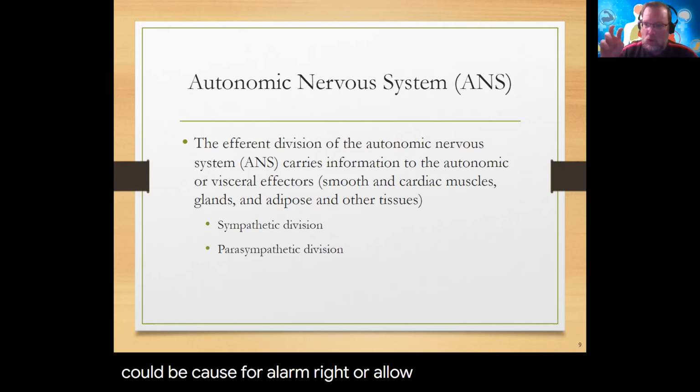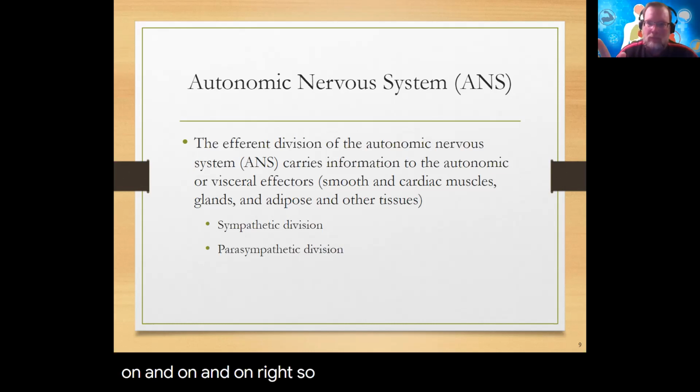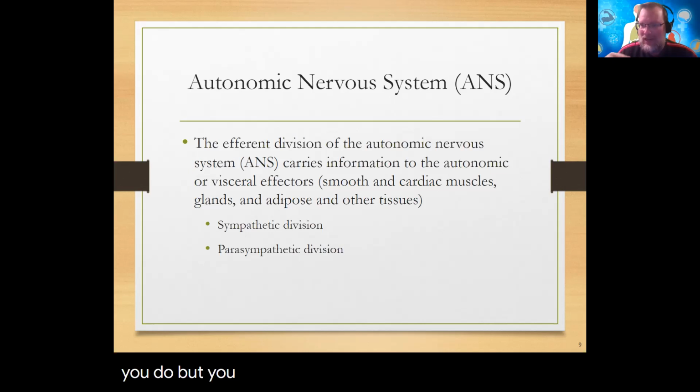Or a loud noise or a loud boom in the middle of the night while you're sleeping. It's on and on and on, right? So there are many reasons why you need the sympathetic nervous system. Do you need it 24/7? You do, but it doesn't need to be activated, right?